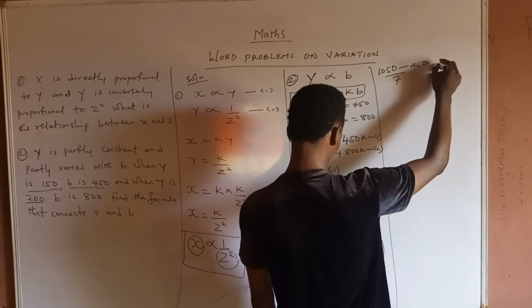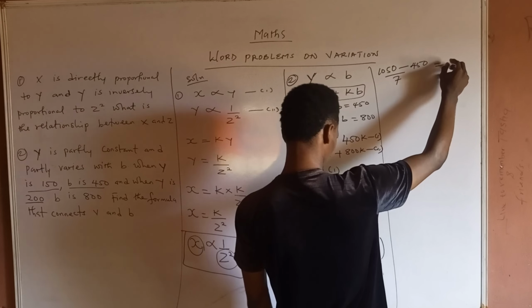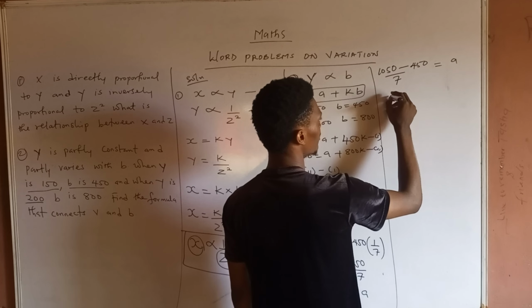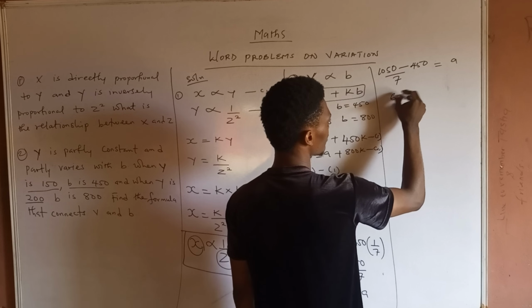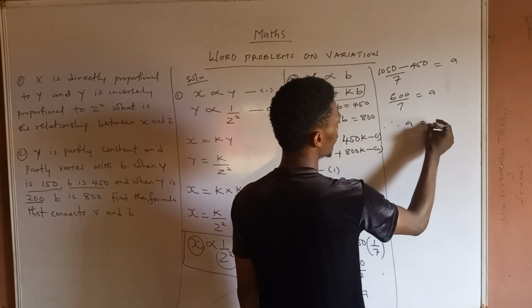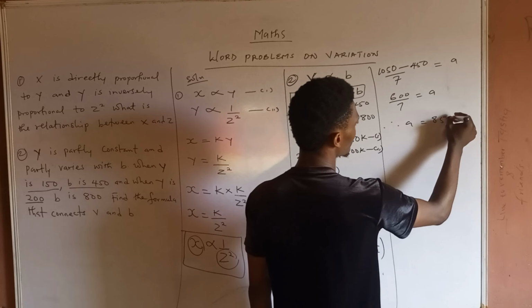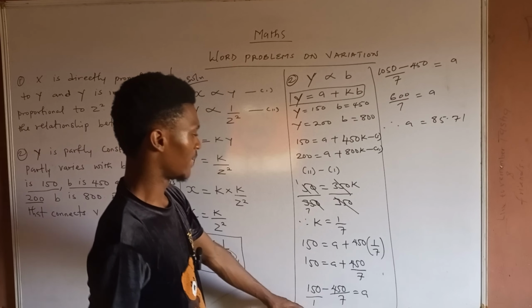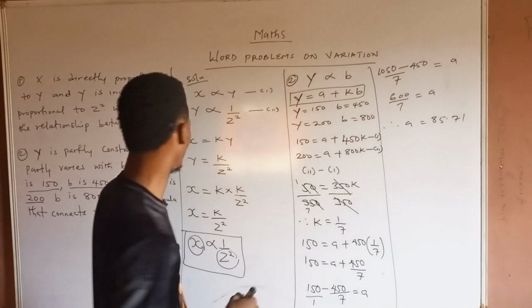Alright? So that becomes equal to a. So when you subtract 450 from 1050, you are left with 600. So 600 over 7 equal to a. Therefore, our a will be 85.71.